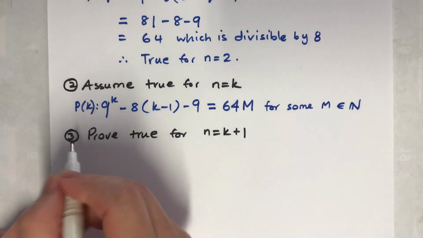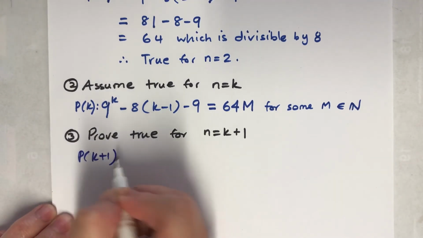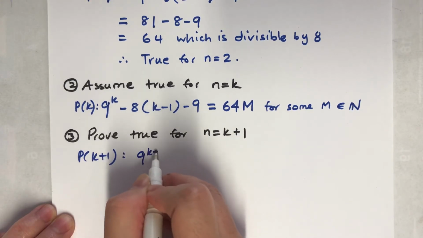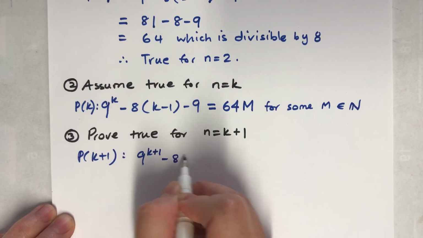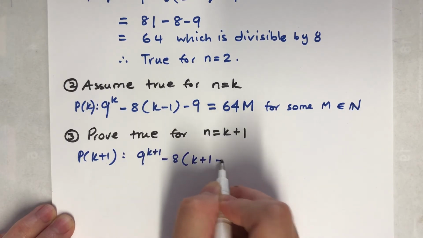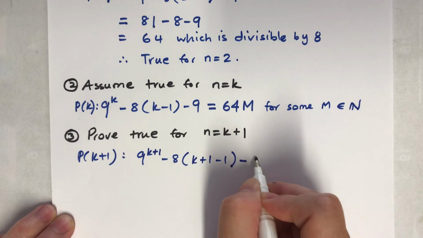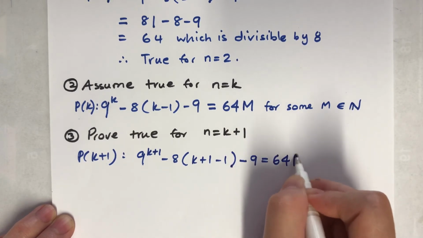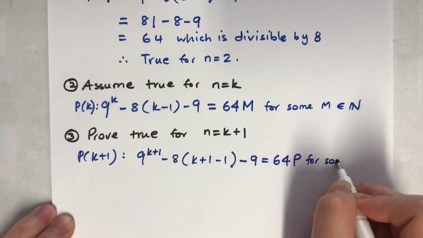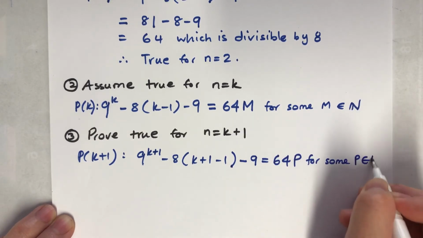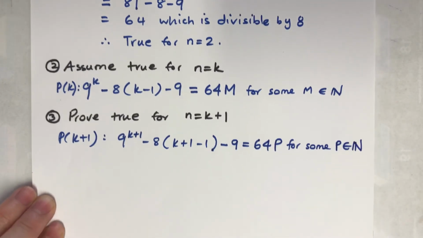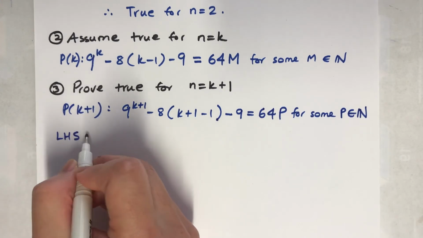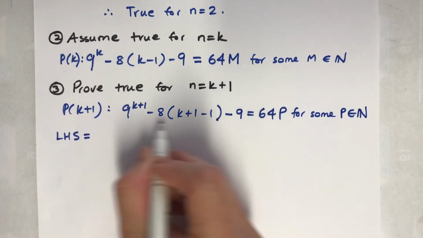So P(k plus 1), we put that in, k plus 1 minus 1. I'm going to change to P. Now I'm going to go with the left-hand side, so I'm going to look at just this part.